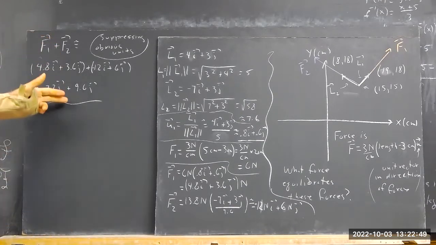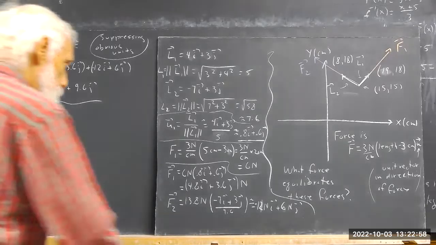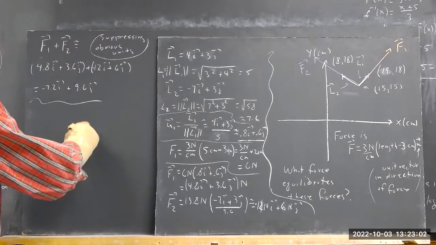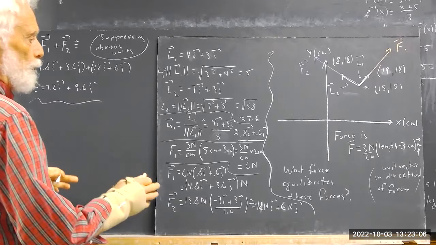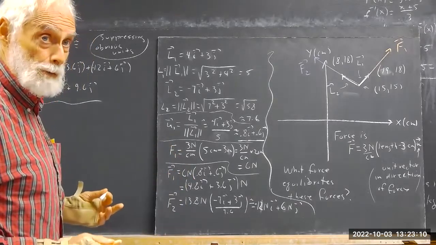So now that you've done the formal calculation, remind yourself of what you did. You took force one. The F1 was only a force of magnitude 6 newtons. F2 had almost twice the magnitude.